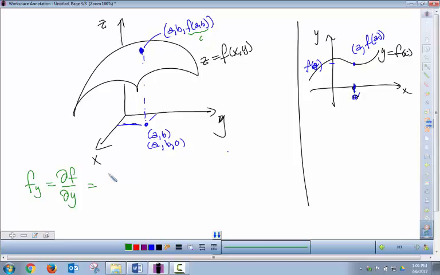So I'm going to change the x's and y's, and I'm also interested in evaluating this at AB.